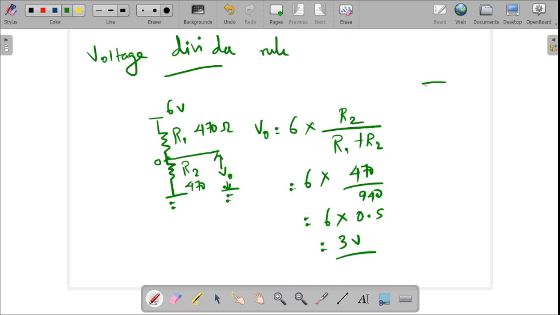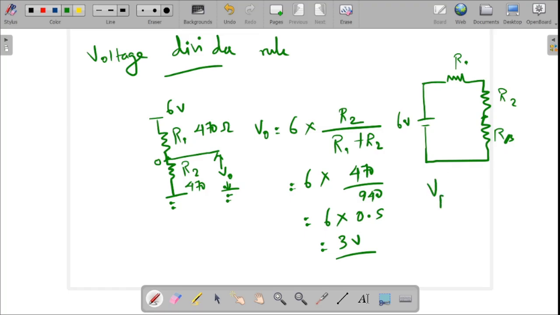Say for example, you are having a 6 volt supply. This is R1, and this is a series circuit. This is R1, this is R2, this is R3. Now we are going to find the voltage across R3.